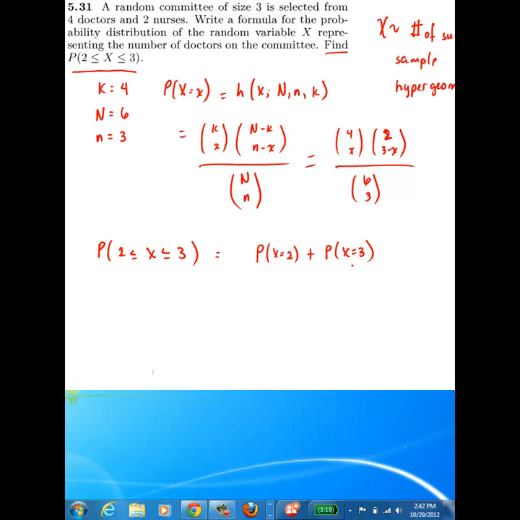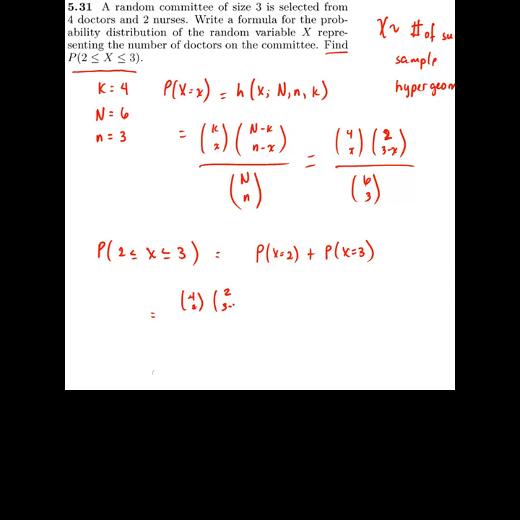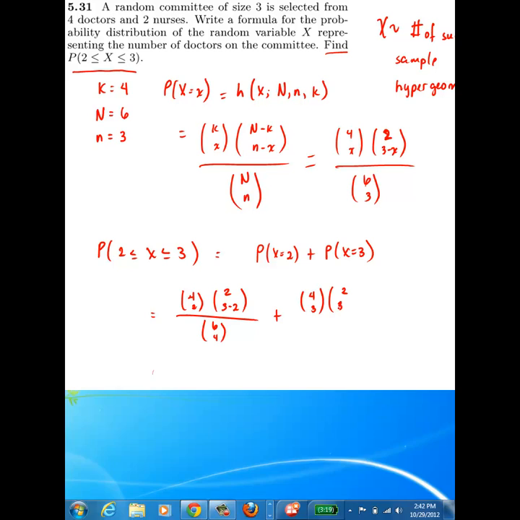So if we solve this, you'll have 4 choose 2, 2 choose 3 minus 2, divided by 6 choose 4, plus 4 choose 3, 2 choose 3 minus 3, over 6 choose 4.